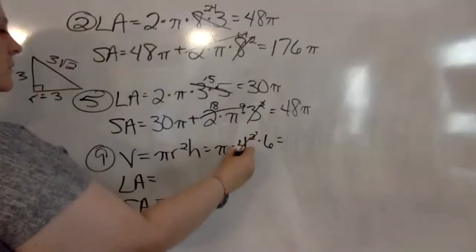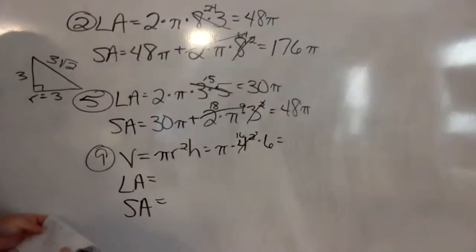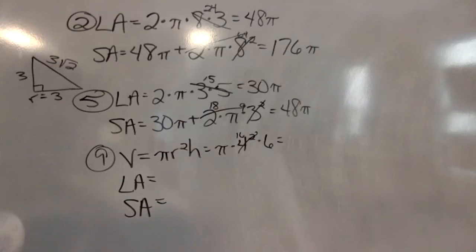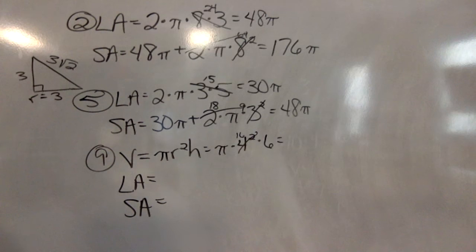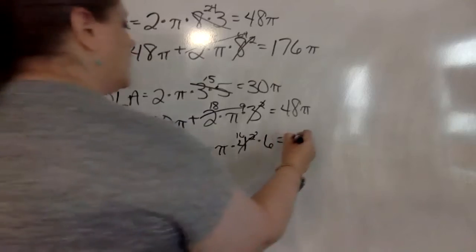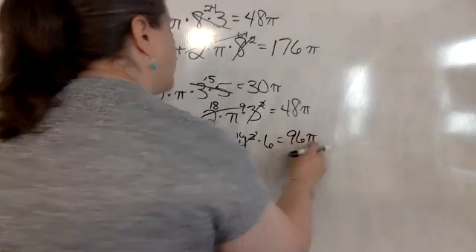So 4 squared is 16. So you have 16 times 6. You should have got what for your volume on number 9? 96. So it's 96 pi. That's your volume.